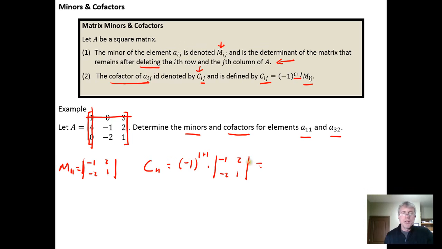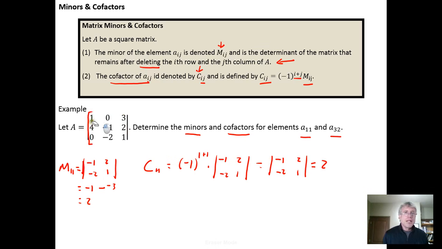And of course -1 squared is just going to be +1, so we would just get the determinant of -1, -2, 2, 1. And each of these we could calculate easily enough. This would be -1 times 1 is -1, minus 2 times -2 is -1 plus 4 is 3. And so in this case the cofactor is going to be the same.